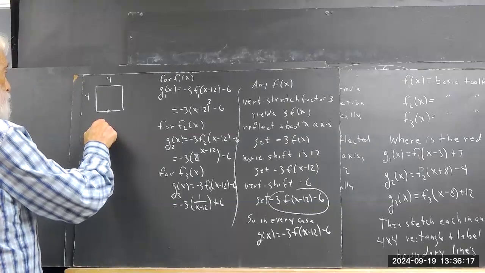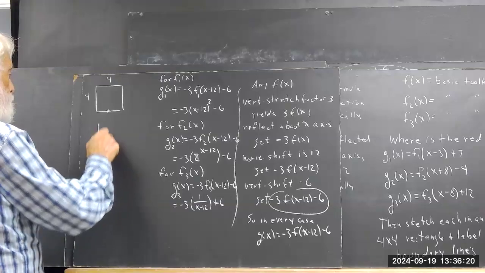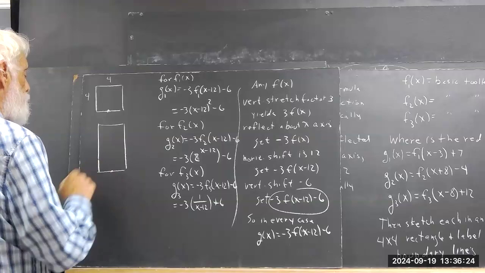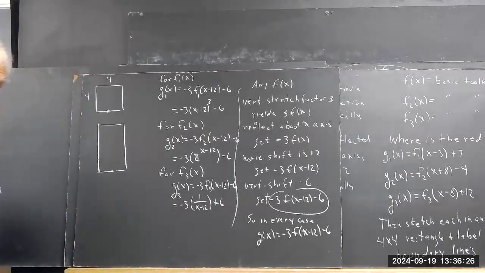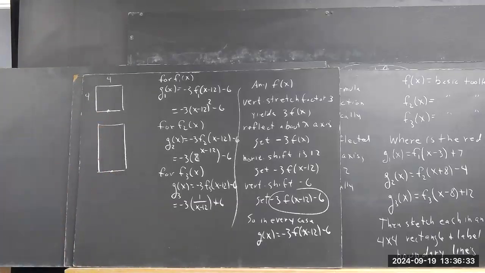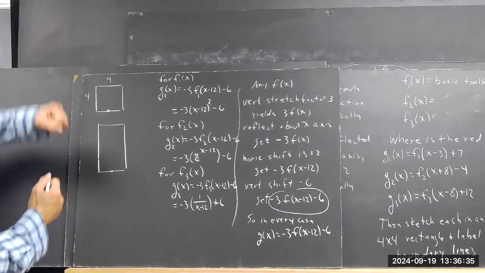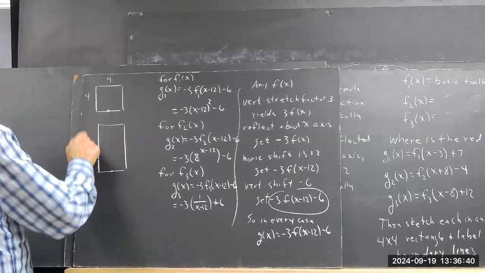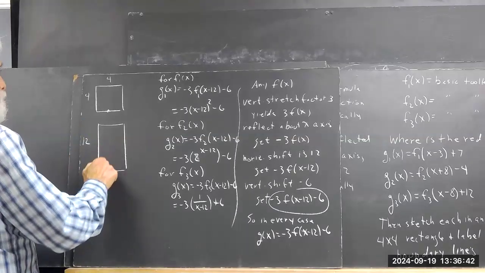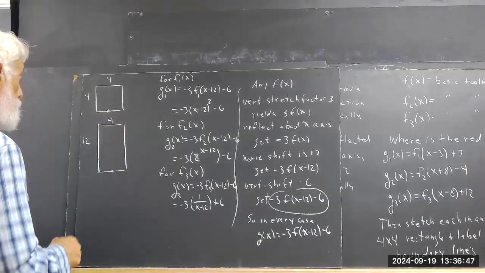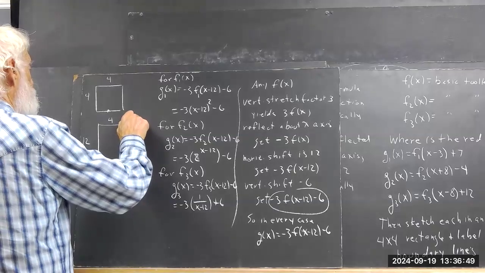Vertical stretch by a factor of 3 makes this into taller rectangles. You're vertically stretching it. Now you're not changing the position of the origin, but you're vertically stretching it. It's now 12. That's after vertical stretch.